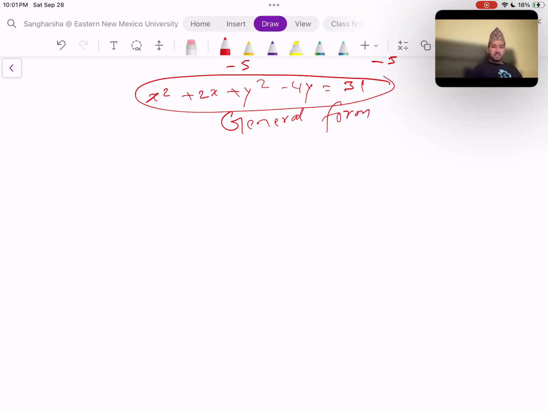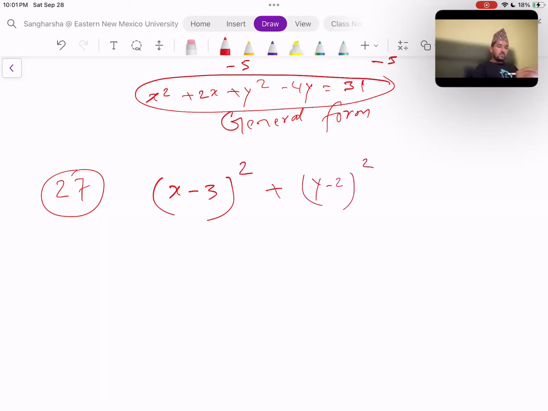Okay, now let's go to 27, and I'm going to do both 27 and 29 here. So in 27, we are asked to find the center and the radius of the equation given to us. Our equation is (x minus 3) squared plus (y minus 2) squared equals 1/4.